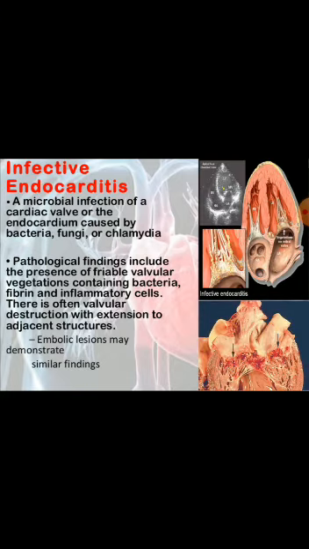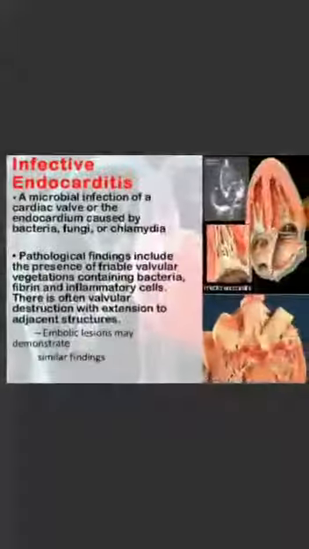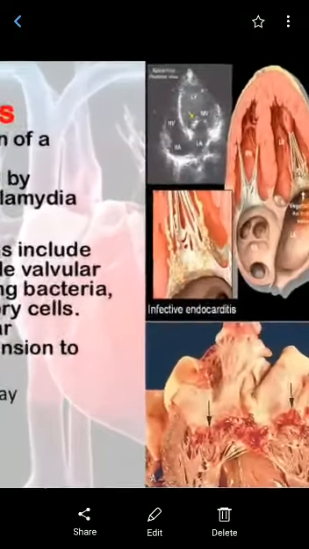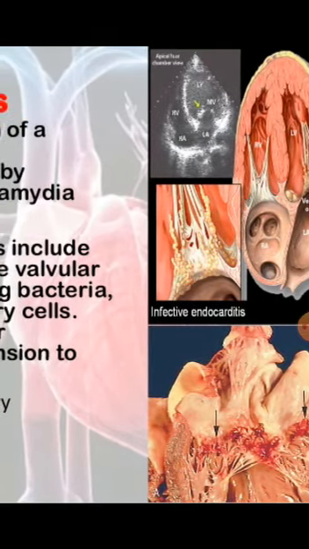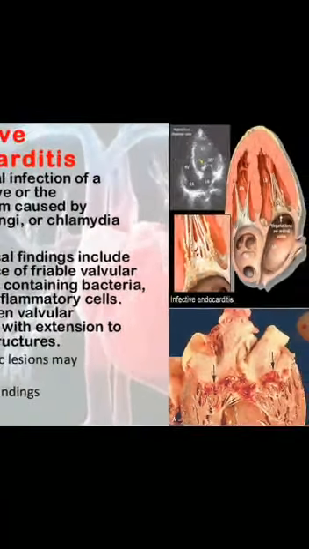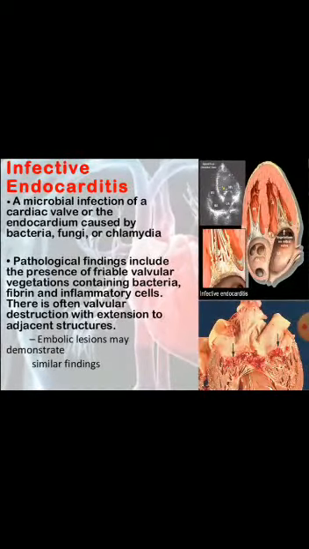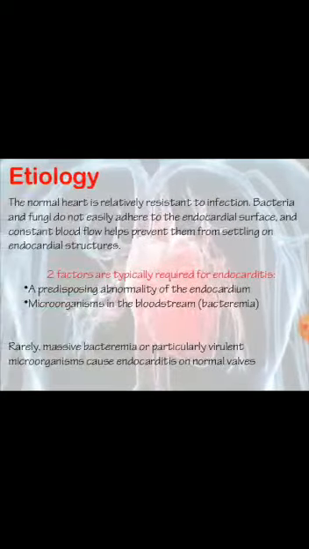It causes valvular destruction with extension to the adjacent structures. You can see in this diagram as well, vegetations are present at the mitral valve, meaning abnormal fibrotic nodules are present. So this is infective endocarditis.